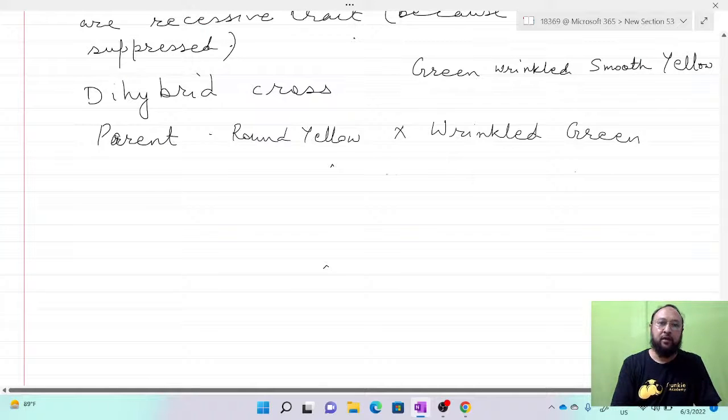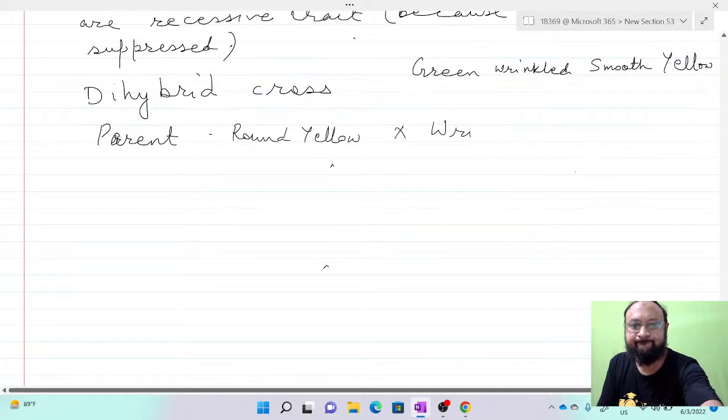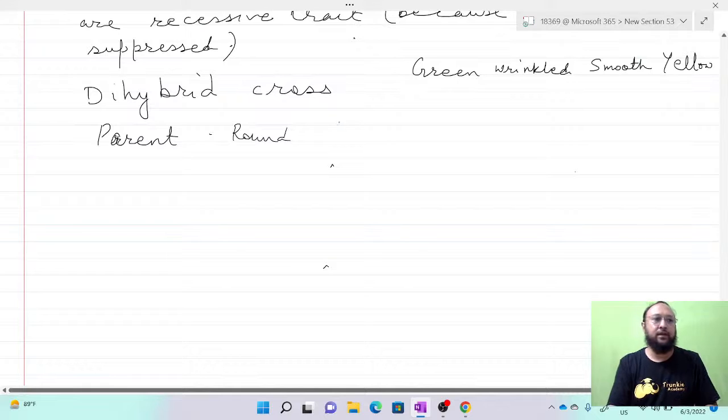So he took, for example, round yellow and wrinkled green. Round yellow and the wrinkled green.